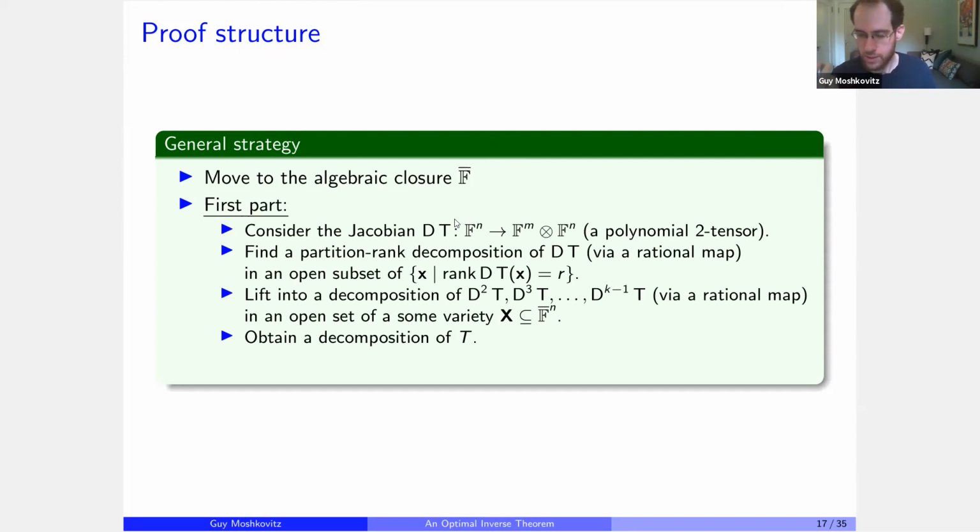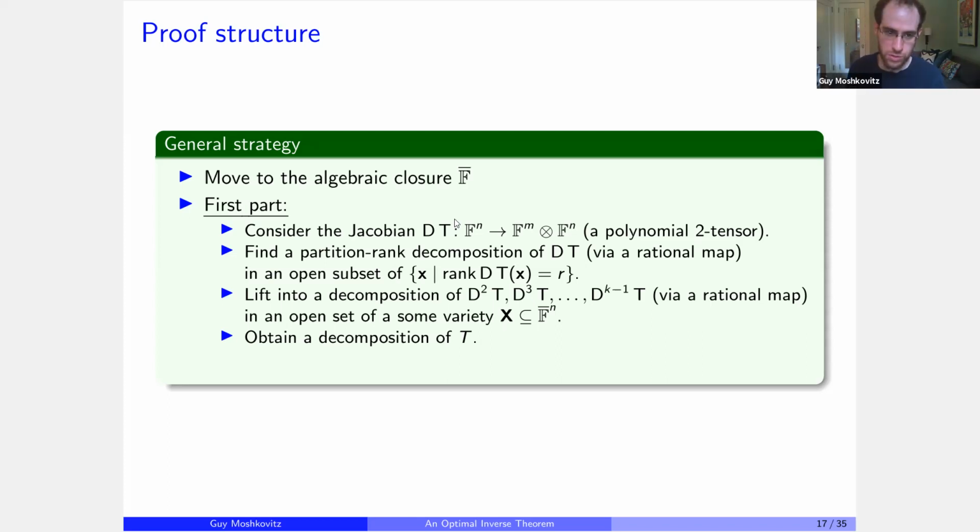First, we start with our tensor T, which we view as a polynomial map, and consider its Jacobian, or the total derivative. If you remember, the total derivative of a polynomial map is a polynomial two-tensor, a polynomial two-dimensional matrix. So again, it's not a single matrix, it's a matrix of polynomials, a whole family of matrices, if you will.